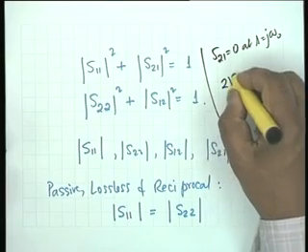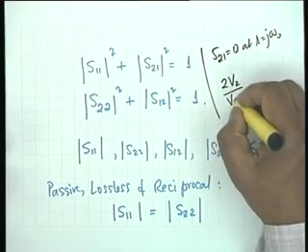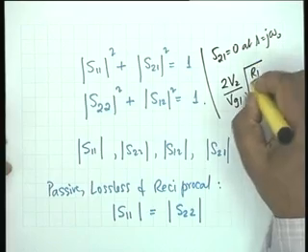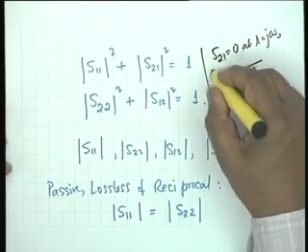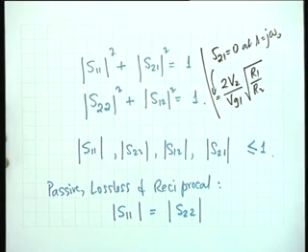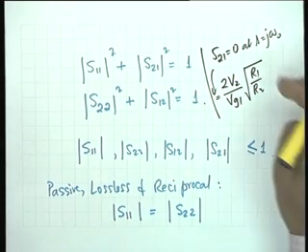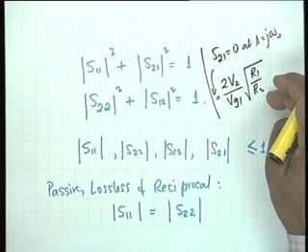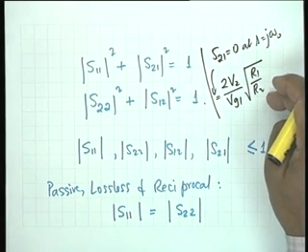You also recall that S21 is directly proportional to the voltage transfer function. Isn't that right? S21 is twice V2 by Vg1 times the square root of R1 by R2. If this is 0, what does it indicate? It indicates null transmission. That is, the output voltage at this particular frequency shall be 0. Okay? Output voltage is 0.